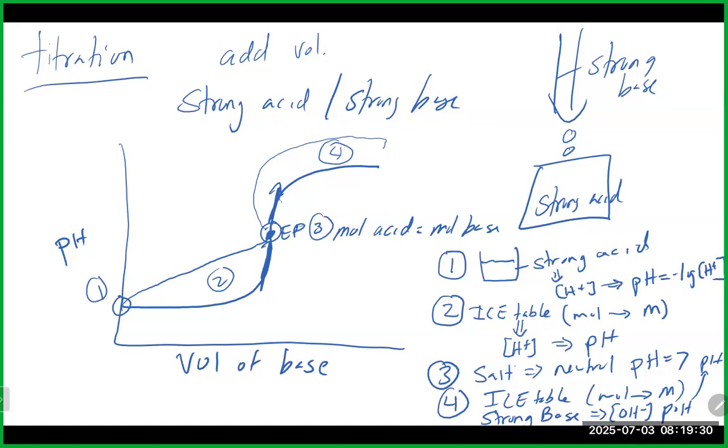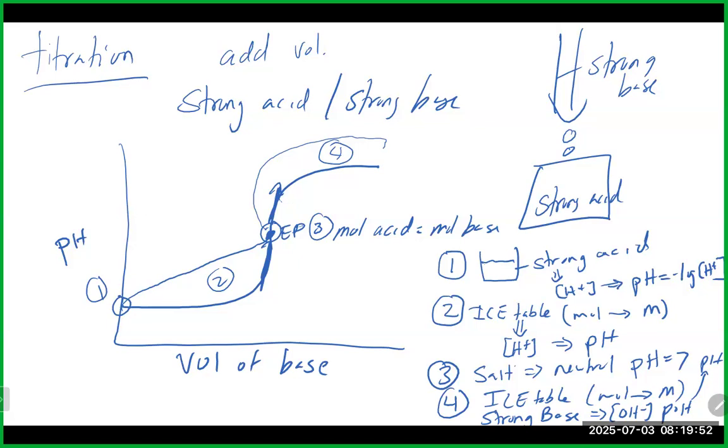You can also, as we talked about, always use your ICE table, especially when you get to the equilibrium line, to see what's going on, what's left over, and point you in the right direction. Remember, when we do these ICE tables, typically with moles, we actually don't use X's because we know what the change should be in that case. And we actually use numbers most of the time.